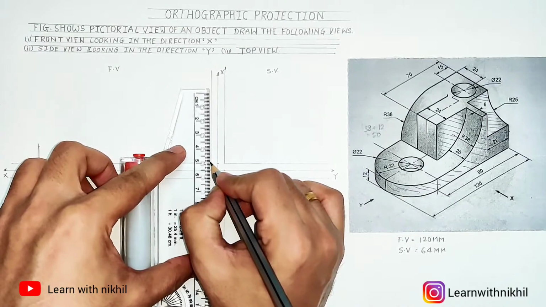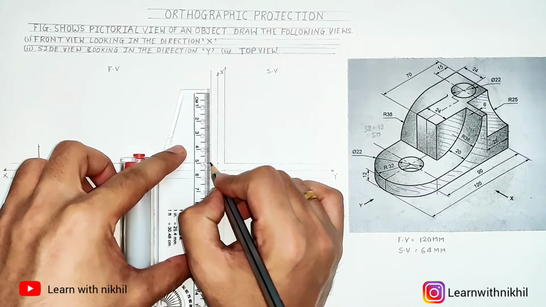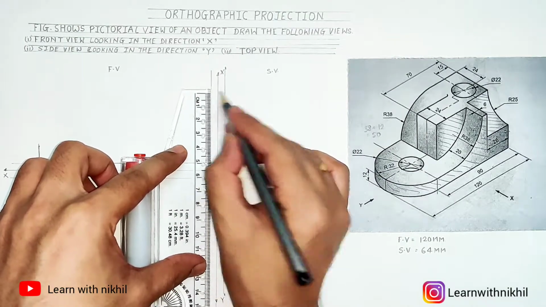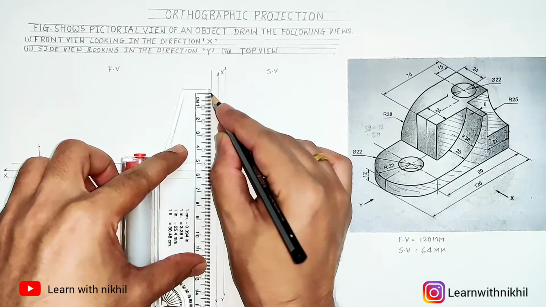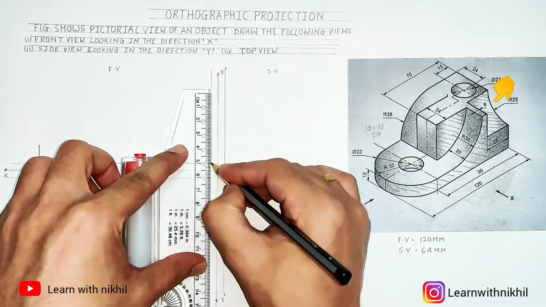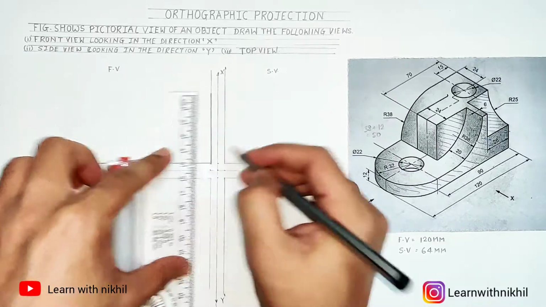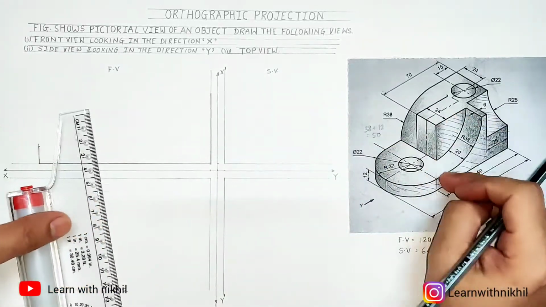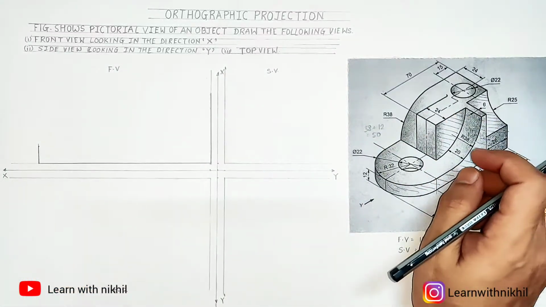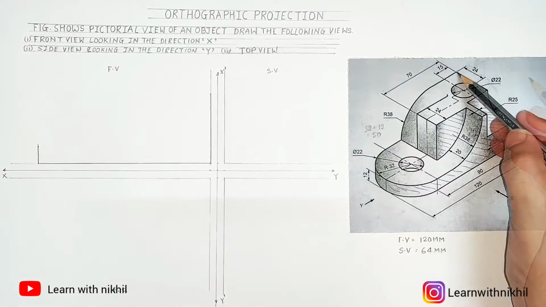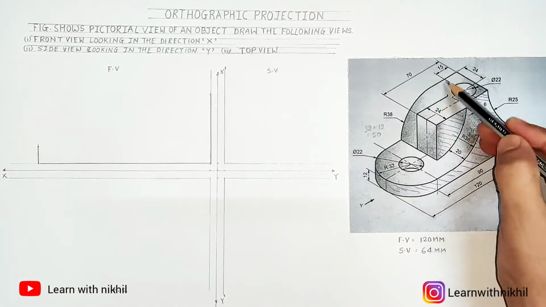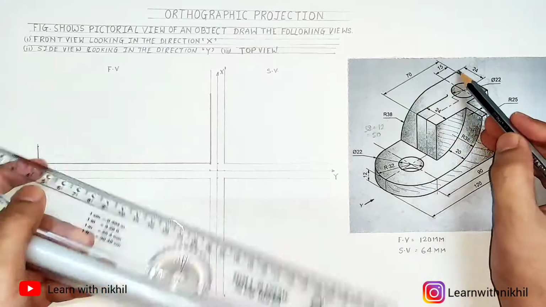Now drawing a straight line of 50 millimeters. As this curved part will look like a straight line from the front view, you get a total straight line of 50 millimeters. Now the distance from this point to this point is 70 millimeters.